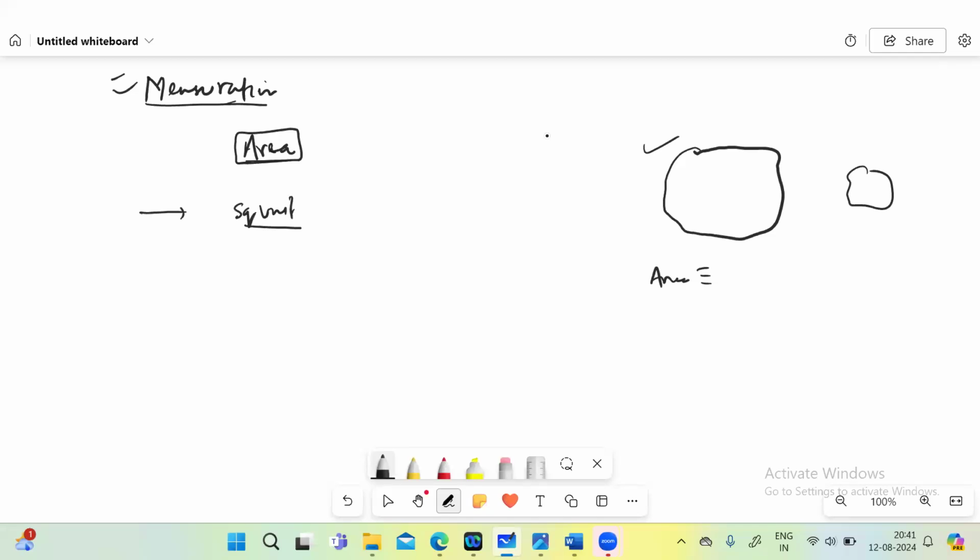So let's take an example of a rectangle. This is a rectangle whose length is 5 unit and width is 3 unit.